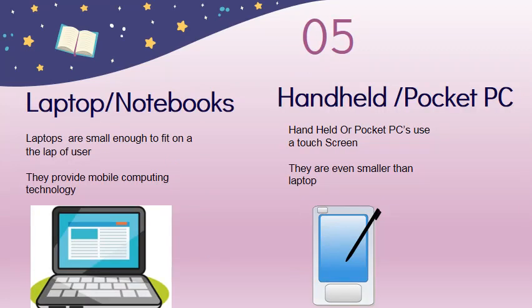Now the last types of computers are laptops, notebooks, handheld, and pocket PC. Laptops provide mobile computing technology. These are computers that are battery operated and hence can be used anytime.